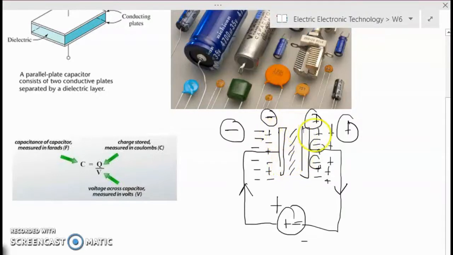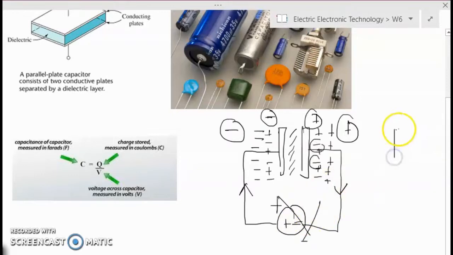The next thing that is interesting to look at is what will happen if we connect it to a load. Now we're connecting it to a power supply. Now it is completely charged. When it's completely charged, we can take off the power supply and replace it with a load.